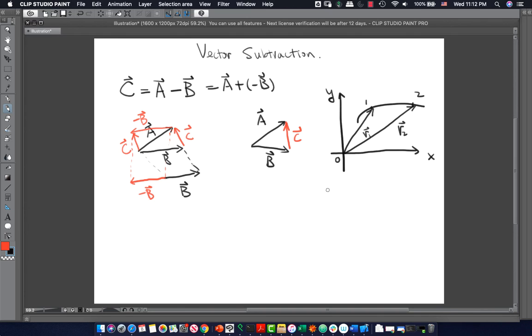And we're interested in the displacement delta R, which is R2 minus R1. Now we can use this previous result to figure that out. So R2 minus R1 is simply given by a vector that points from R1's head to R2's head. So that is delta R.